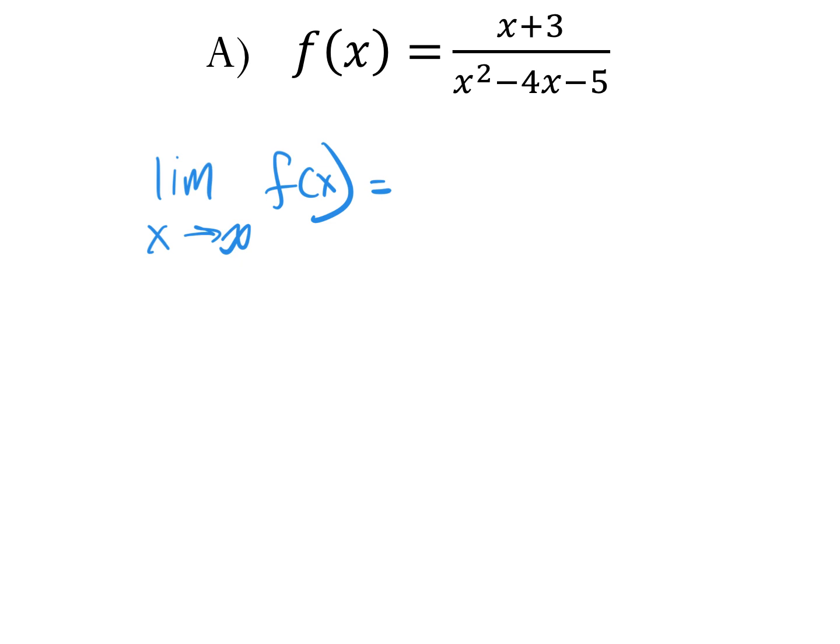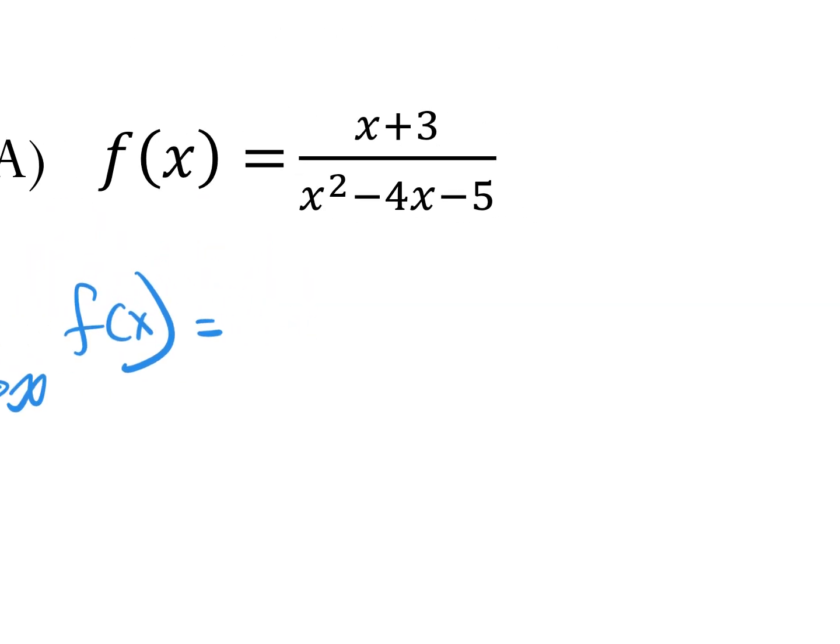I'm going to show you a slightly different way, okay? Here's what we're going to do for problems like this. We're going to pick the highest degree term we got, which in this case is x squared. And we're going to multiply the top and the bottom by 1 over that value. And again, as long as I do it to the top and the bottom, no problem.